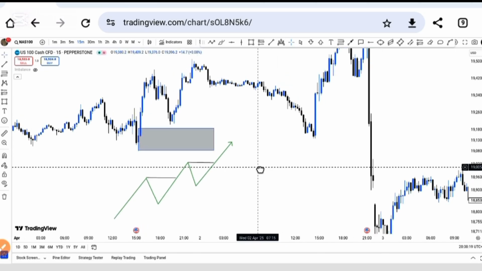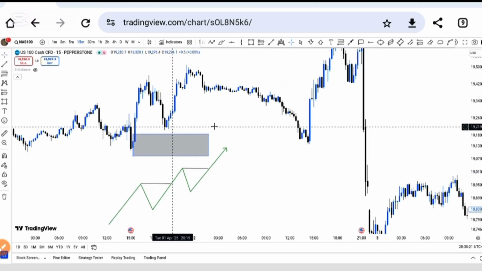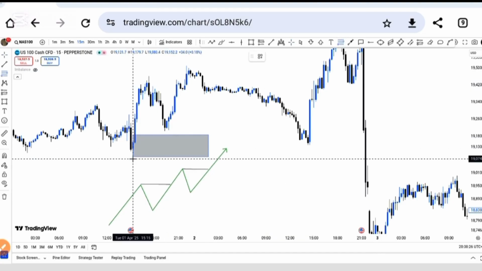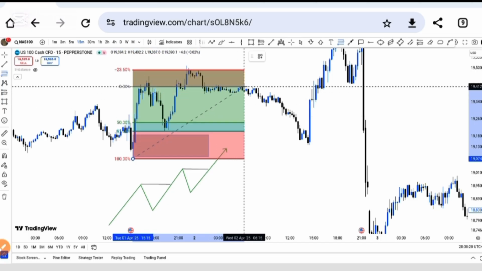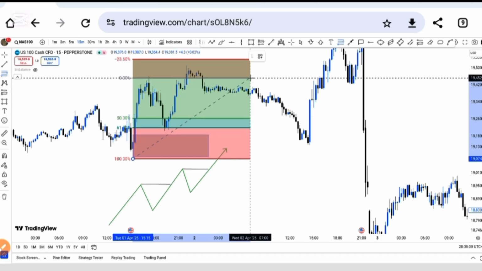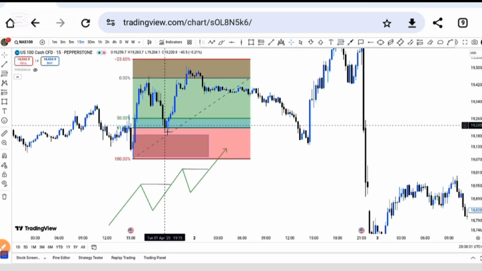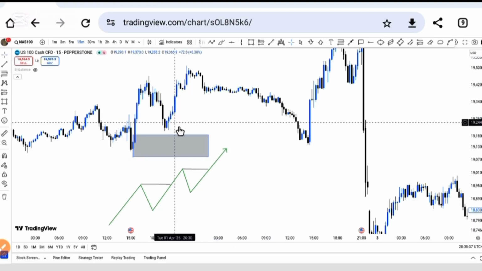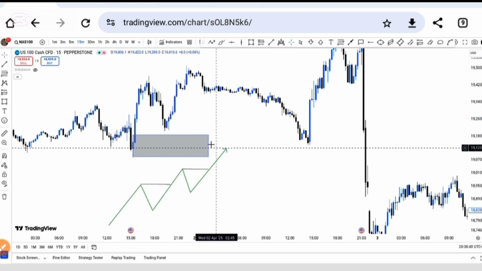So now I'll be looking for an inducement at the discount zone of the Fibonacci. Let me draw the Fibonacci on this now. You can see this retracement comes to below 50, right? So I've seen the structure already.